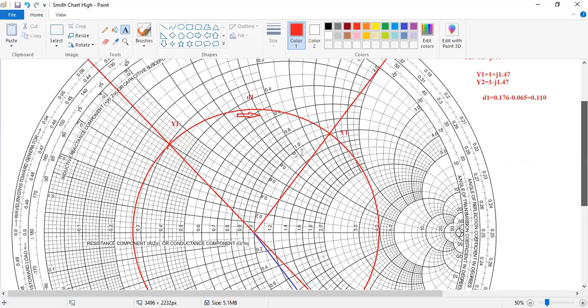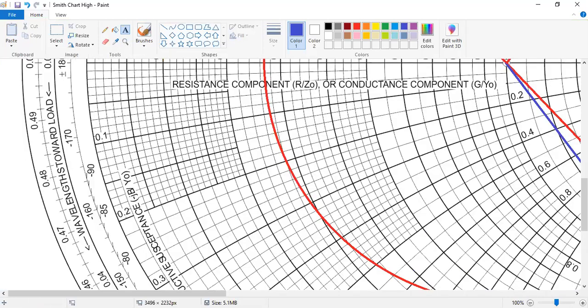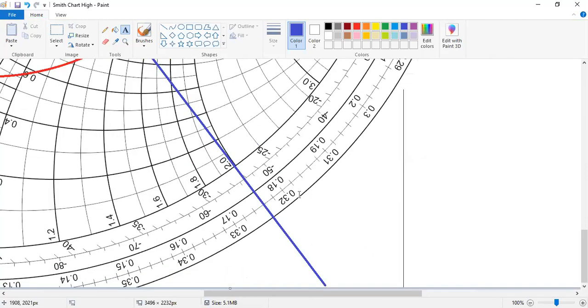So D2 is again YL to Y2. So you just read the value of Y2. What is the value of this Y2? Y2 is here, you can just look at this. It is between 0.32 and 0.33.